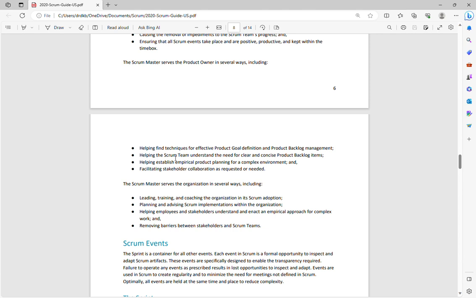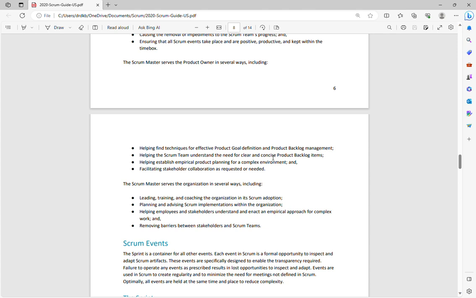Next one is helping the Scrum team understand the need for clear and concise product backlog items, ensuring that during sprint planning the Scrum team is aware of the why, what, and how of the upcoming sprint, ensuring the stories picked up meet the definition of ready criteria, and tying the product backlog items with the definition of done.